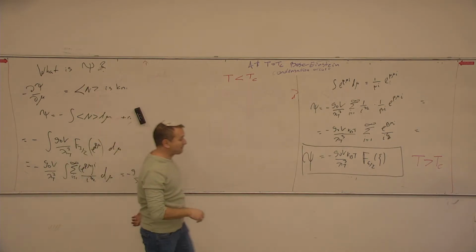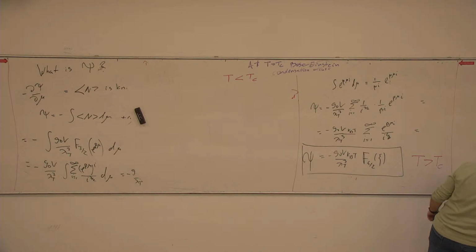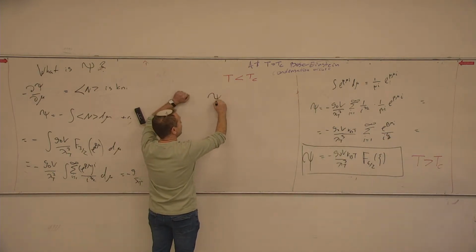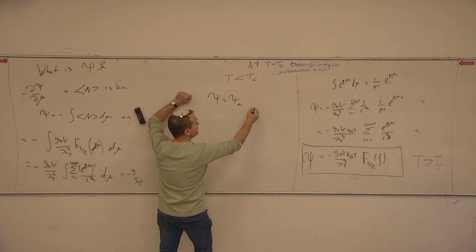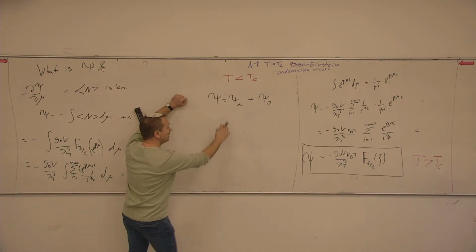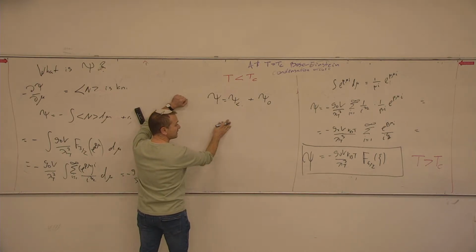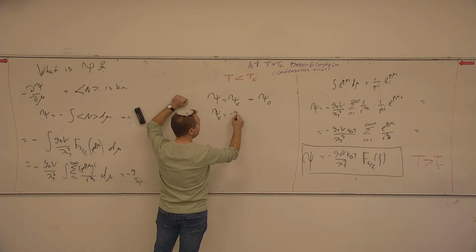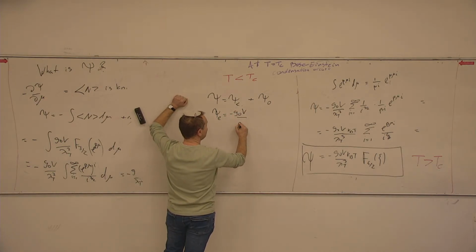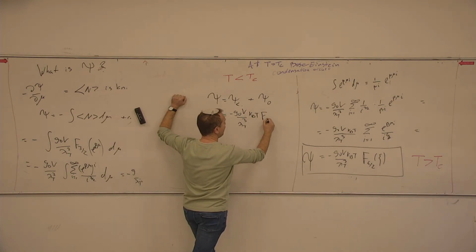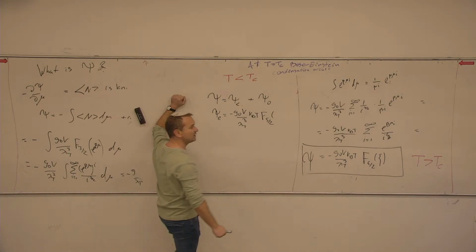I can say that for t smaller than tc, psi is psi excited plus psi 0. What is psi excited? Psi excited is minus g0v lambda t to the third k Boltzmann t f 5/2 of what?